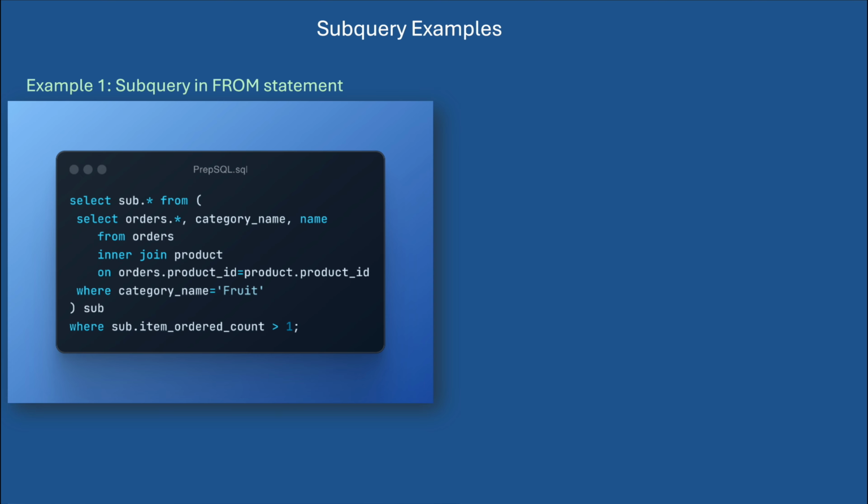And from, within that we write our subquery expression, which is select orders.*, category_name from orders, and we do an inner join on product on orders.product_id equals product.product_id, where category_name equals fruit, and we filter it using a WHERE statement: sub.item_order_count greater than 1.